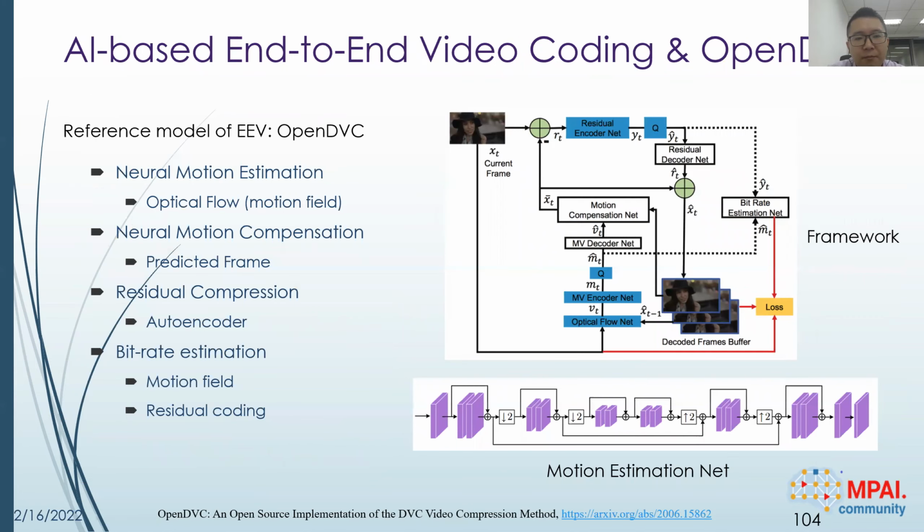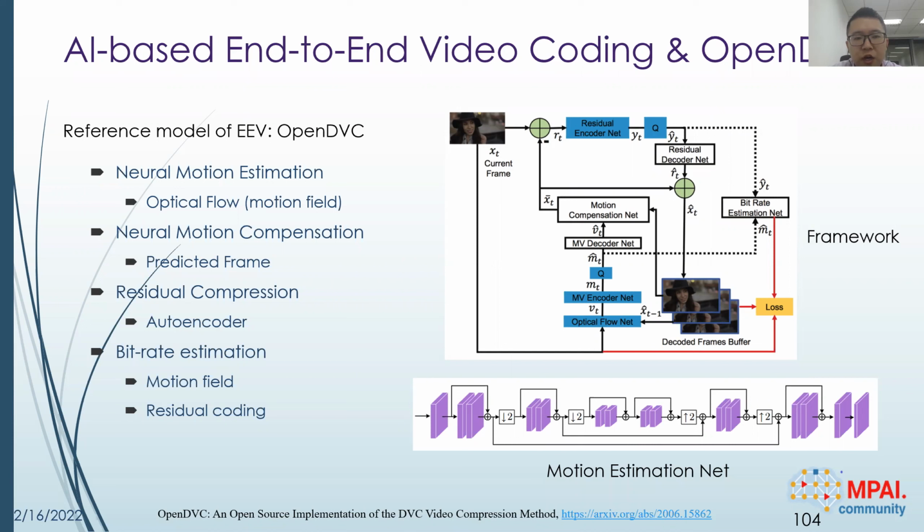Currently, we have employed an AI-based end-to-end video coding solution, namely OpenDVC, as our basic framework, which is the starting point of our MPAI EEV. So the reference model for EEV is OpenDVC. It has several particular modules implemented by neural networks. The first is the neural motion estimation.